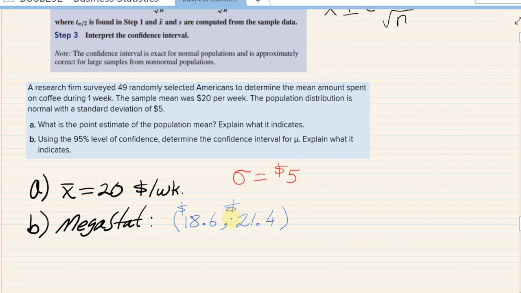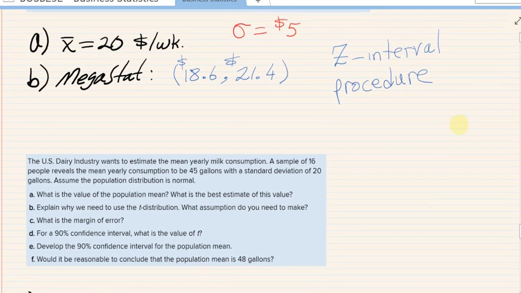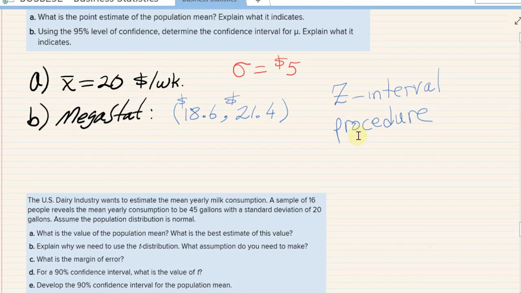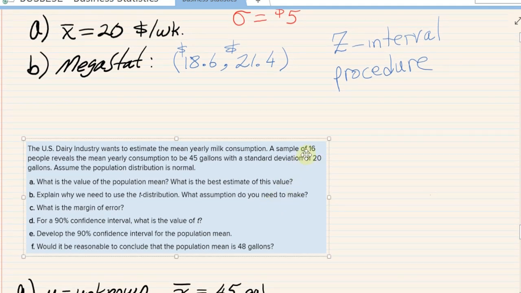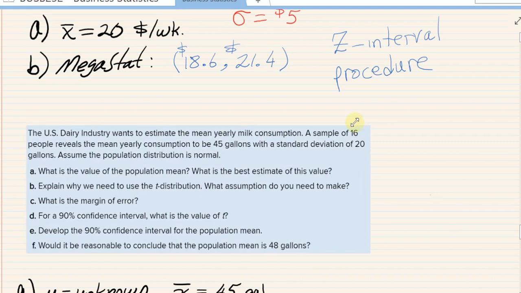That's the interpretation. So again, for this one, we used, let's call this a Z interval procedure. Now, in our next example, we're actually going to use a T interval procedure.